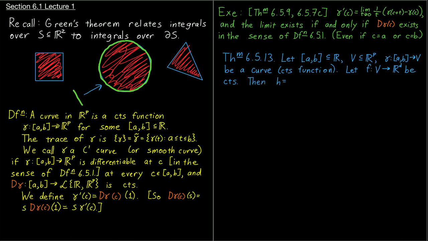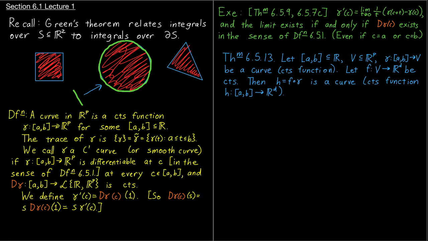Then the composition, if you composed f with gamma, that is also a curve. That is, it's a continuous function whose domain is the same as the domain of gamma and whose range is the same as the range of h.